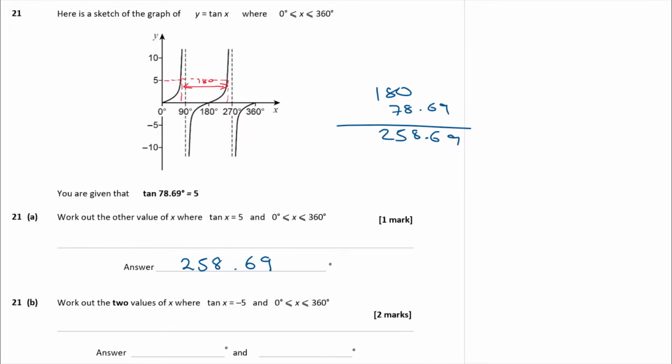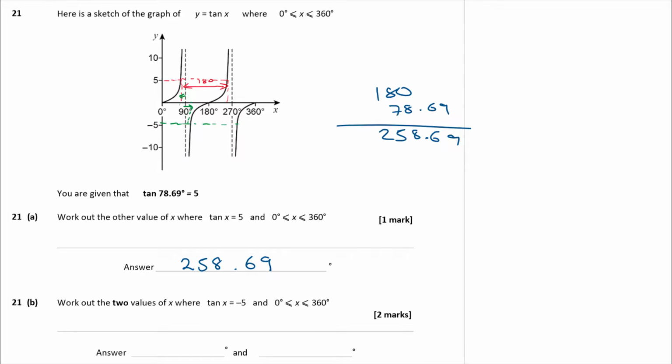Okay, and then it says work out the two values of x where tan x is minus 5. Okay, so where's minus 5? So minus 5 is going to be here and here. Now, if you think about it, for the minus 5 one, the distance back from 90 to 78.69 is going to be the same as the distance from 90 up to my next value for the tan of minus 5.